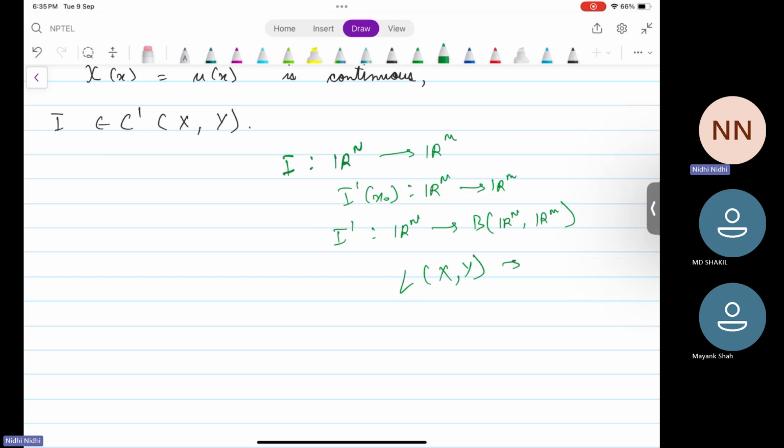Generally we use B or BL, because continuous linear functions are also called bounded linear functions. In many other books you will see notations like B(X,Y), and generally L(X,Y) is used for the space of just linear functions, linear transformations.